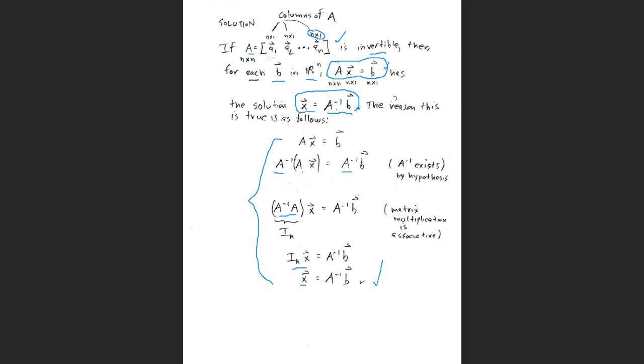The key to proving our result that the columns of the matrix A span n-dimensional space is this matrix equation. This matrix equation, A times X equals B, can be written as what other type of equation?